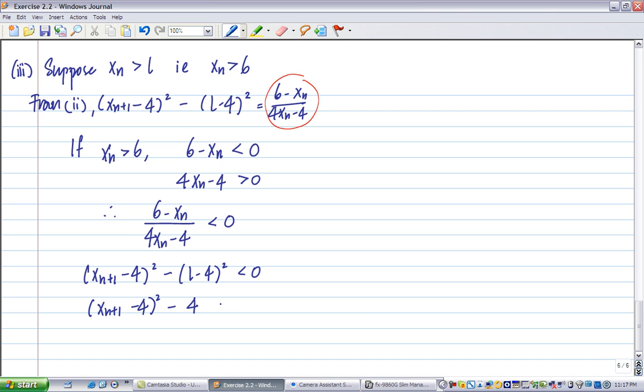If I substitute in 6, this is minus 4 is less than 0. xn plus 1, this is simple already, is less than root 4. Therefore, xn plus 1 is less than 6.